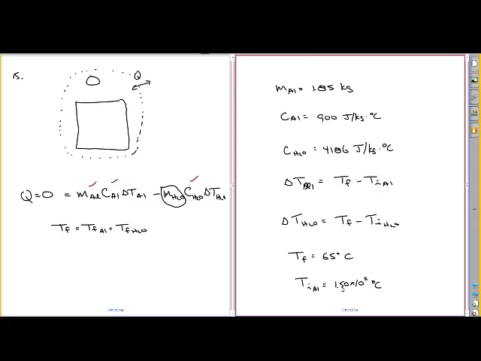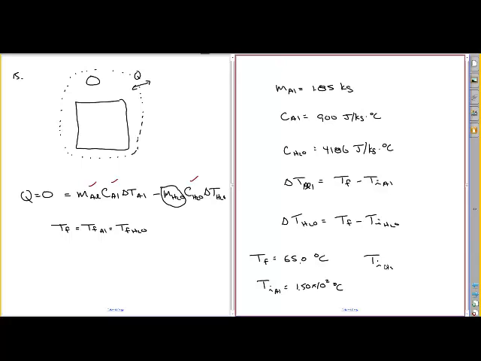Why did they put it in scientific notation? Well, if they wrote 150 out, you wouldn't know if it had 2 or 3 significant figures. By writing it this way, we know that there are 3 significant figures, and notice that the book actually gives 3 significant figures for the final temperature. So we need one more thing, and then we're good to go. The initial temperature of the water: what mass of water at 25 degrees C?